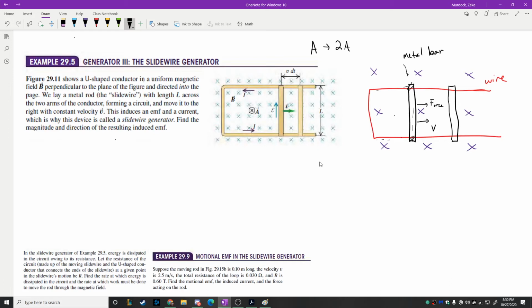And that means that the induced magnetic field has to make it so that the current flows this way, counterclockwise. Flux is increasing, so your induced magnetic field has to come out of the page. And that means that the current's going to flow this way, and this way, and this way, and this way. Does that make sense?